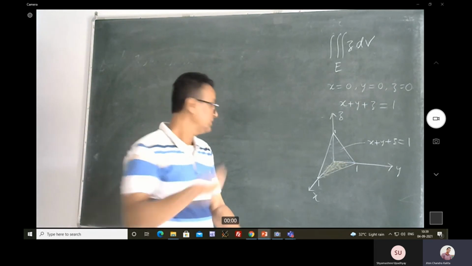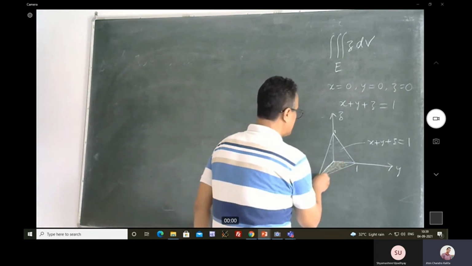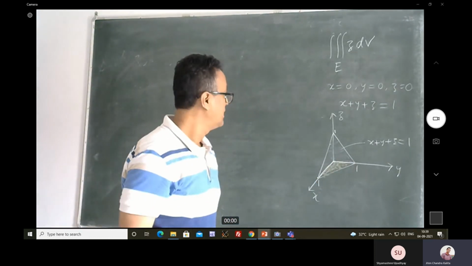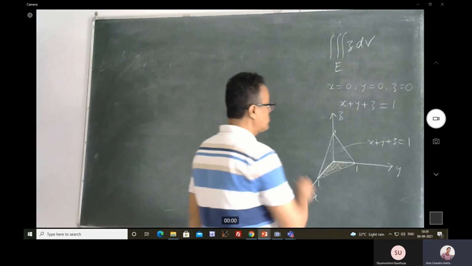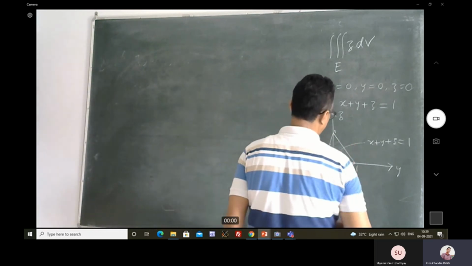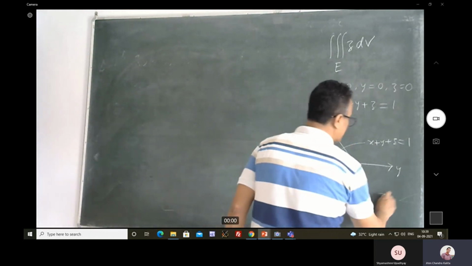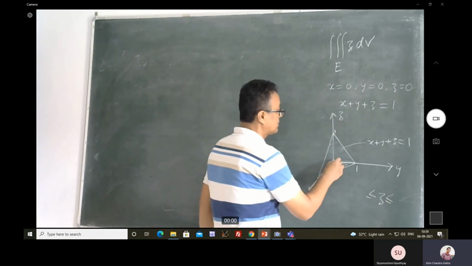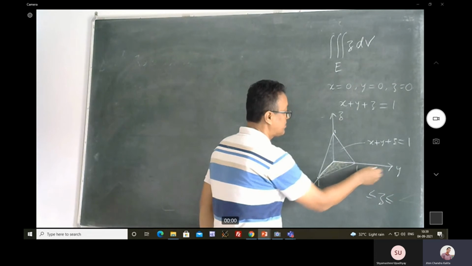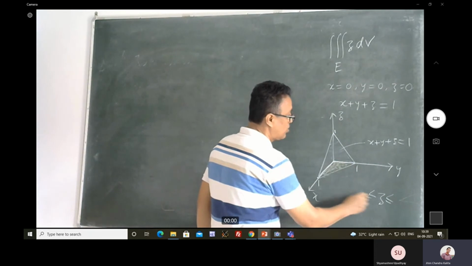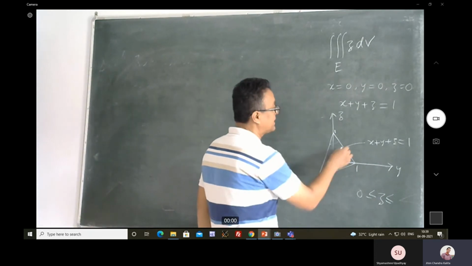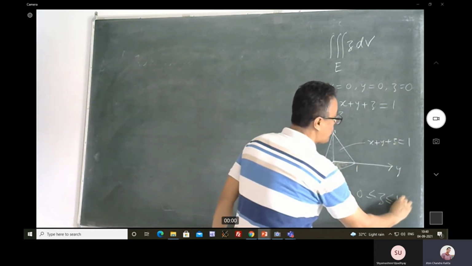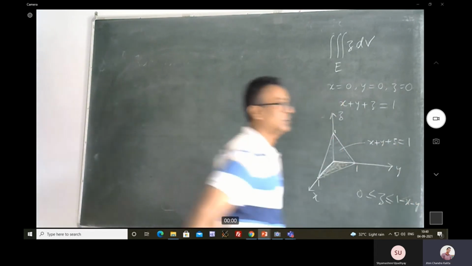So we will be interested in this D. Looking at this situation, z is bounded by the plane z equal to 0 and the plane z equal to 1 minus x minus y, isn't it?